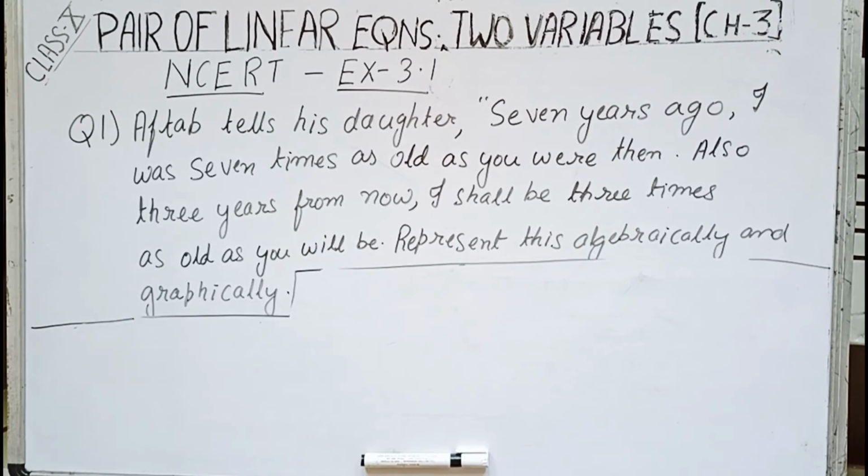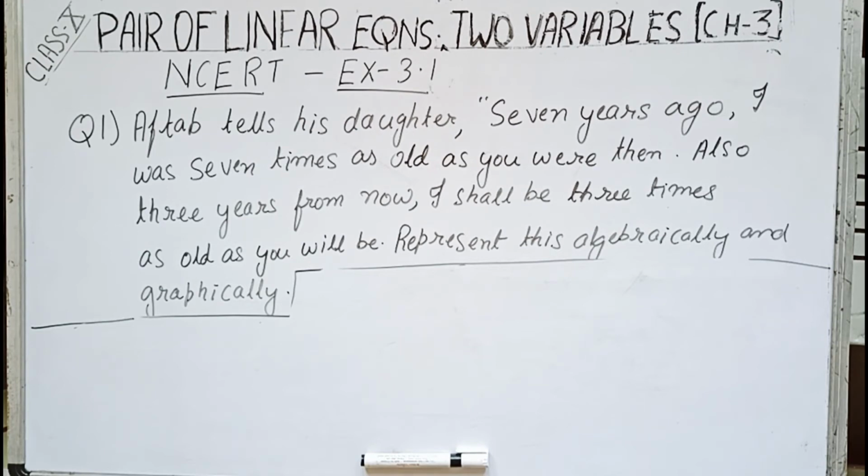Let us once recap or revise what we have done till now. We now know what a pair of linear equations in two variables is, what simultaneous linear equations are, and how to solve them by two methods. One method was the graphical method, in which a few sums were dealt with. The second method is the algebraic method, in which three methods will be explained in standard 10.